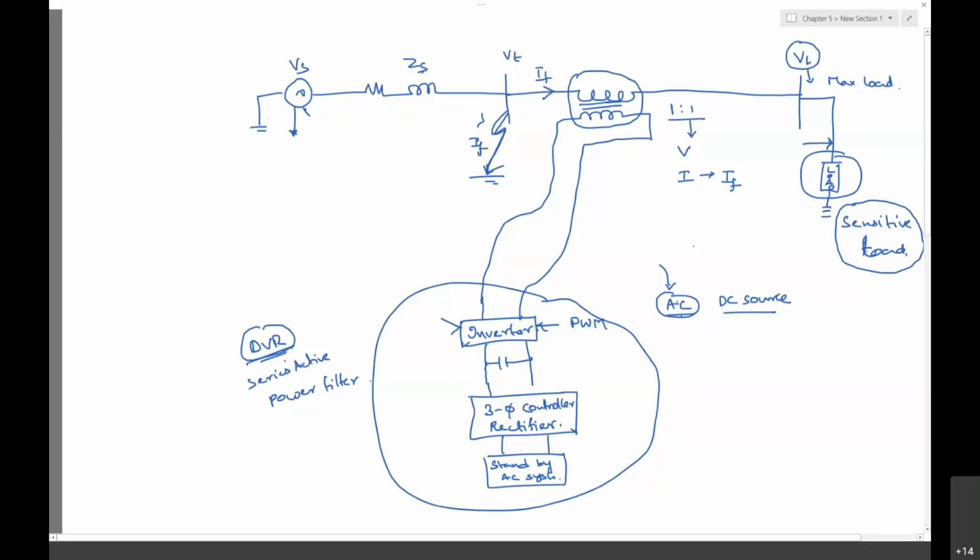We are protecting the sensitive load and improving its performance during the voltage sag.